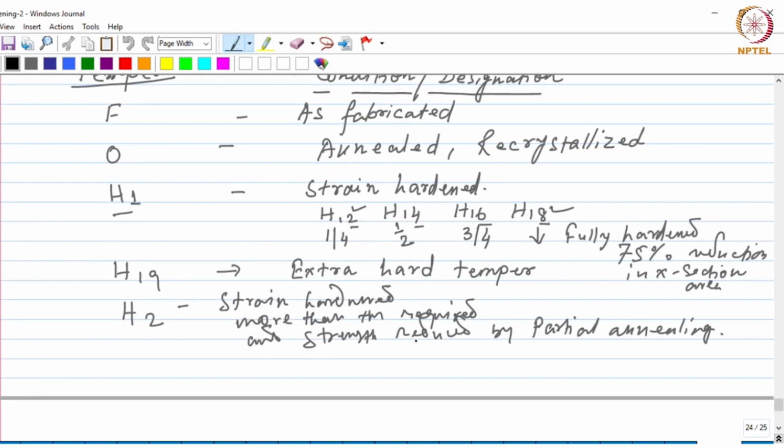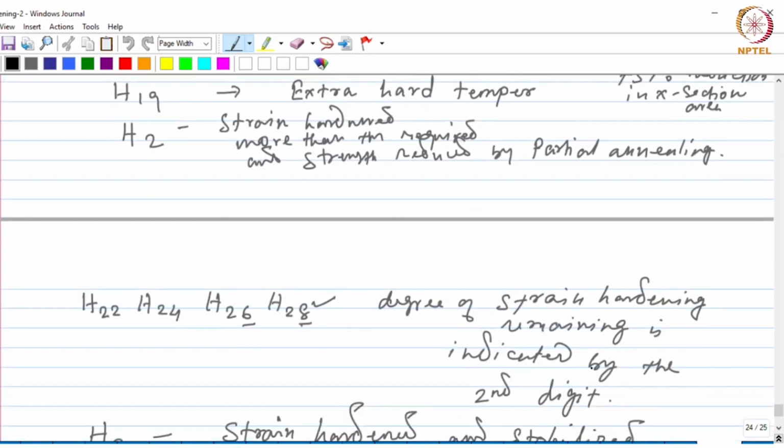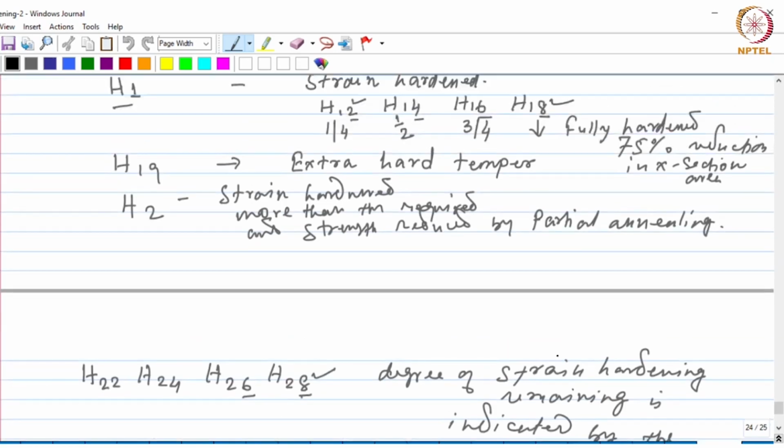For example, if you look at this H2 category of the tempers, you would see that it is first strain hardened, and after that some of the strain hardening is removed by partial annealing or by stabilization. Okay, so this is to make sure that some of the properties which might have been lost due to the cold working are recovered.